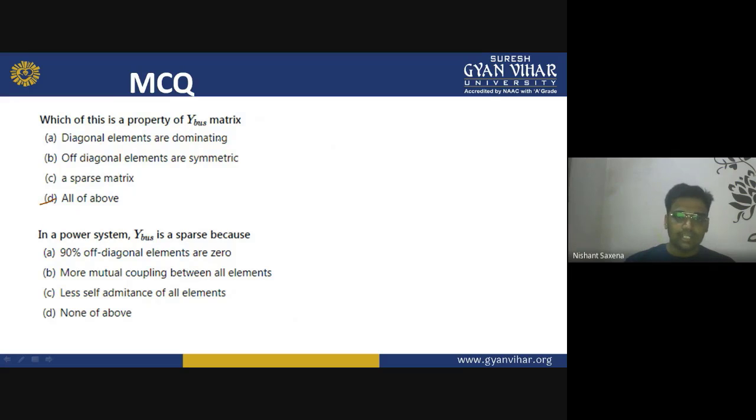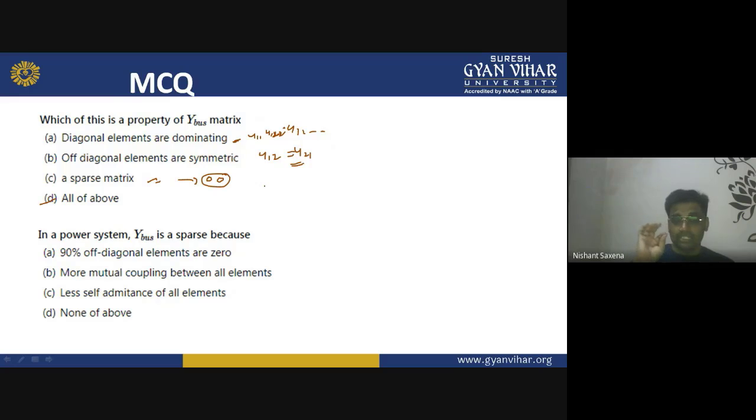We know that the diagonal elements are dominating, that is Y11, Y22, Y33, and so on. And off diagonal elements are always symmetric, that is Y12 is always equal to Y21. And it is a sparse matrix, that is a large number of elements are 0, because if we are considering a large power system, we cannot say that each node is connected with another node.